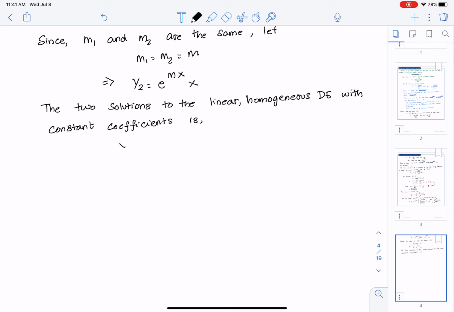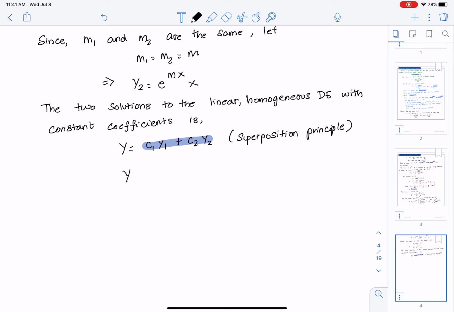is y equals c1y1 plus c2y2. That is the superposition principle. So if we have two linearly independent solutions, then the general solution is a linear combination. This is what we call the linear combination of the two solutions.